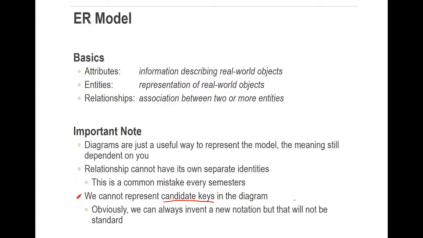One is that you can just write it out as a separate constraint in your report. Or you can invent new notations, but try not to invent too many new notations. And if you do invent a new notation, please give an explanation on what the notation is. But it is always best to stick with the standard notation.